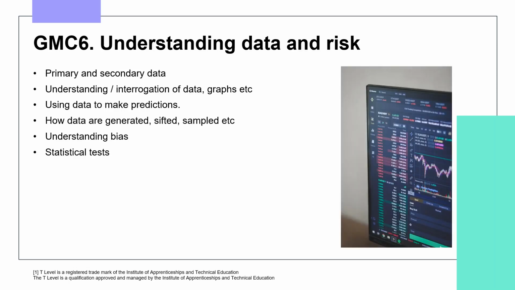Understanding data and risk can include the source of the data, so primary or secondary sources, being able to critically evaluate data, making predictions and drawing conclusions from the data, considering how the data was generated, sample sizes, data source in terms of possible bias, etc.